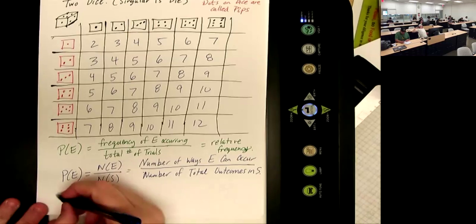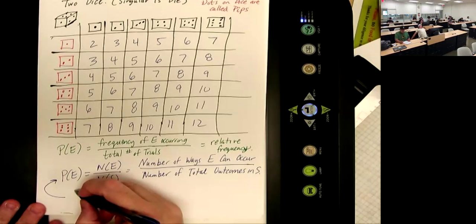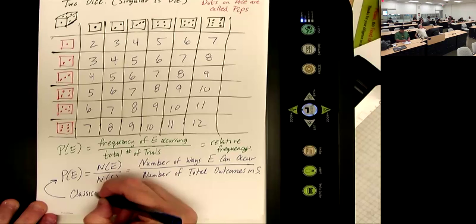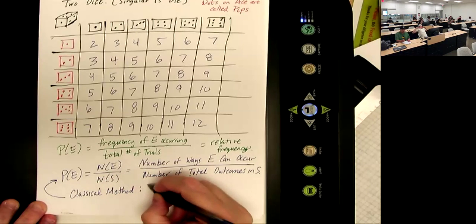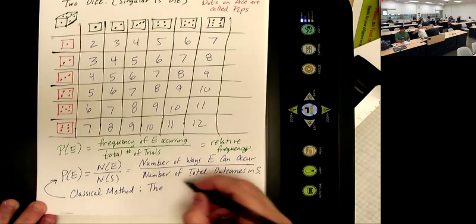This latter one, this blue one, tends to be for the classical method. The classical method is when the outcomes are equally likely to occur.